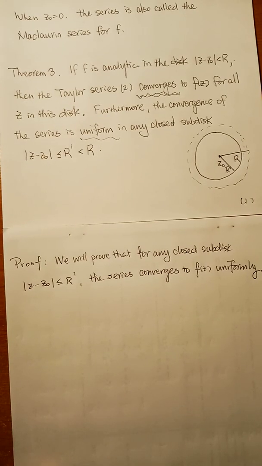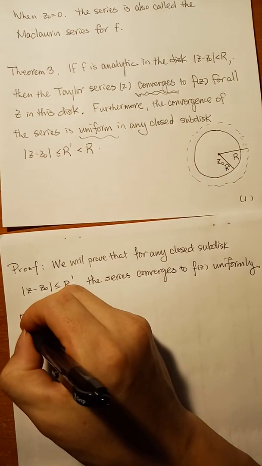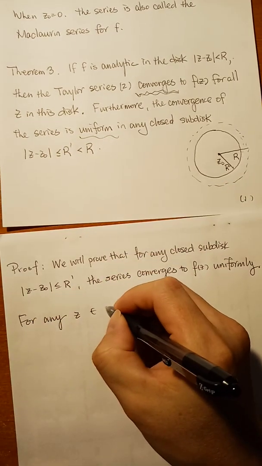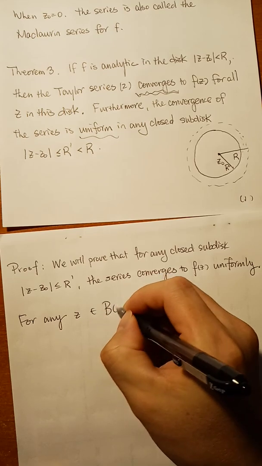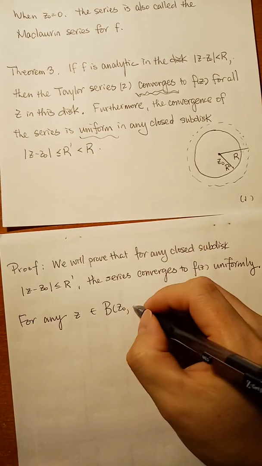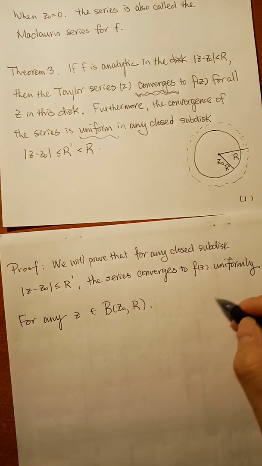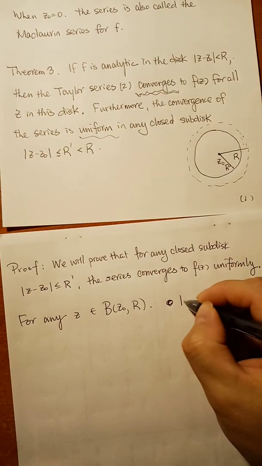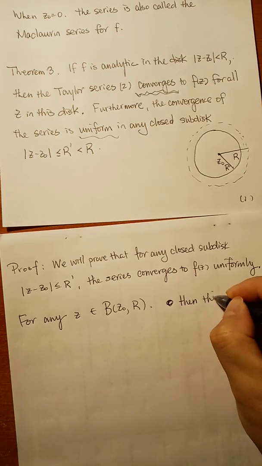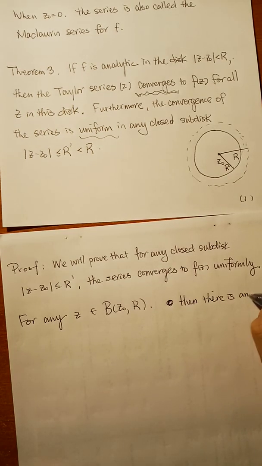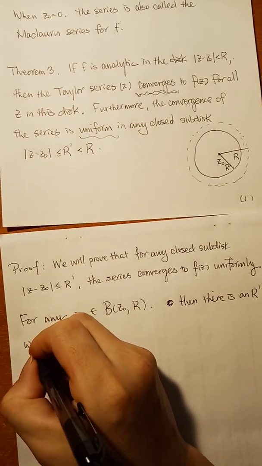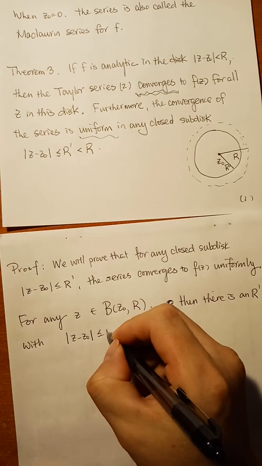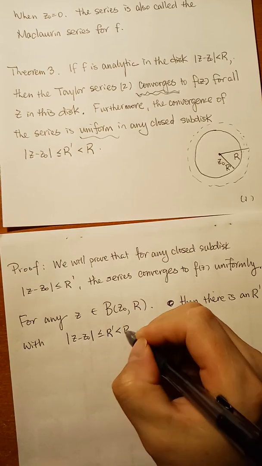Why is this sufficient? Because for any point z inside the open disk centered at z0 with radius r, there is an r prime with the distance between z and z0 less than or equal to r prime and less than r.